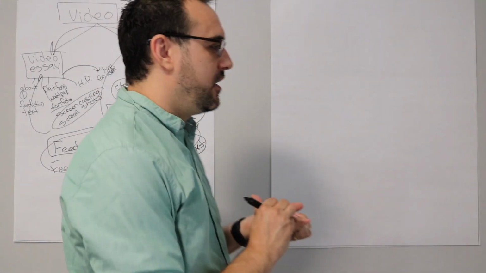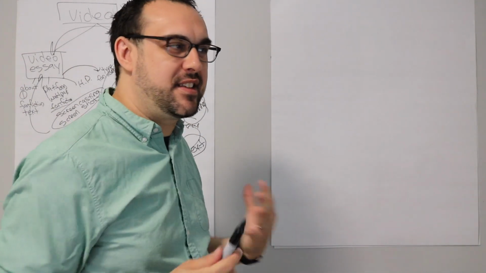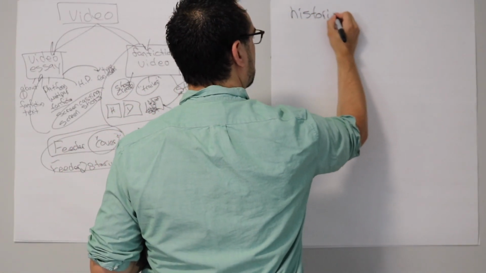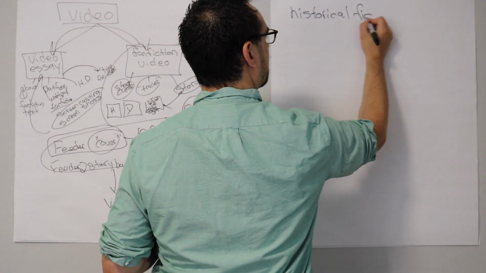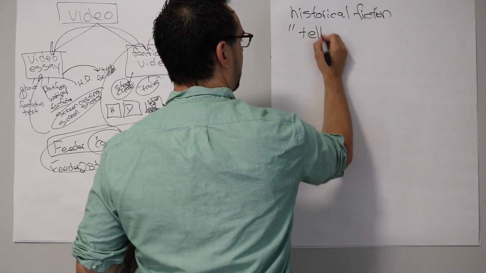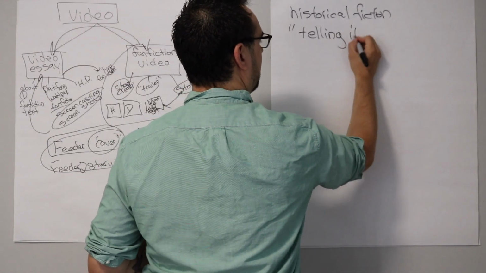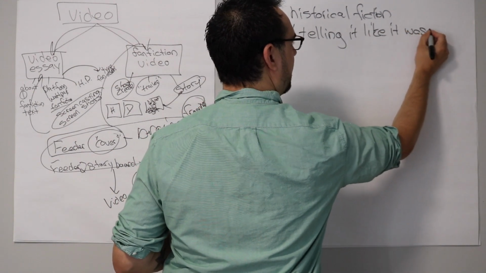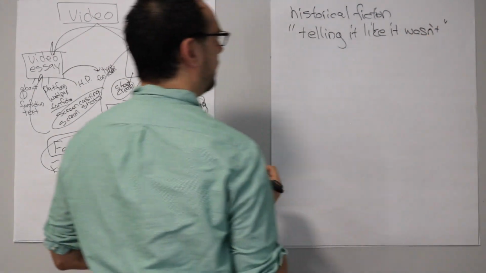So there's a couple different texts in the same genre, right? So historical fiction, right? For Gallagher, telling it like it wasn't is kind of this new form, right?